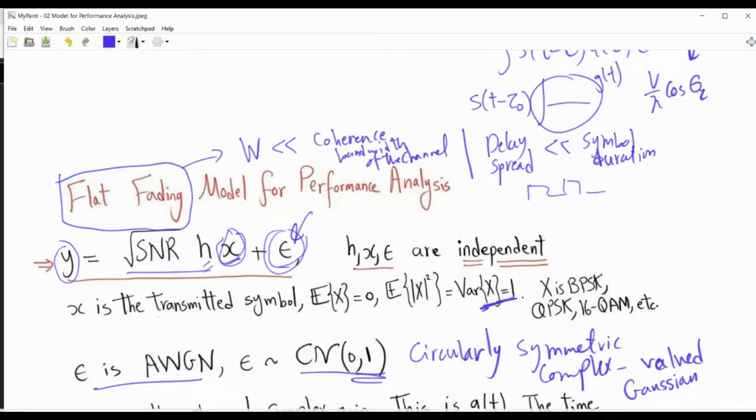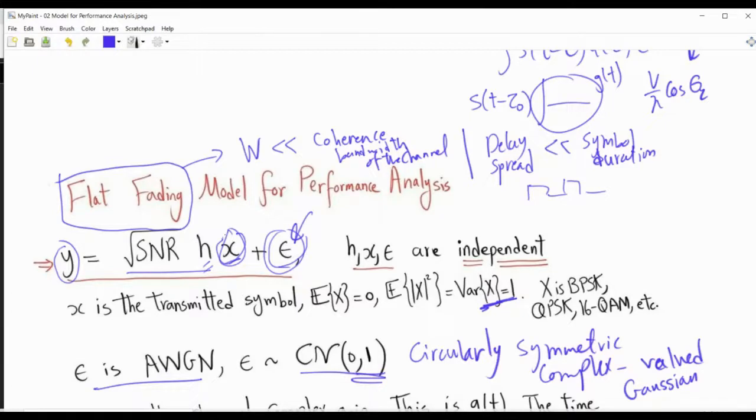X is a random variable because we don't know which symbol. So x is, from the point of view of the receiver, when you get the received signal y, x can be any of the transmitted symbols, and typically we consider all symbols to be equiprobable.